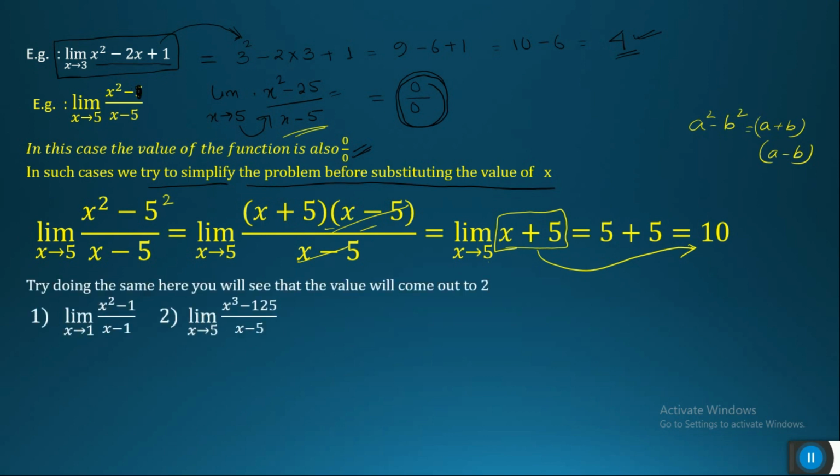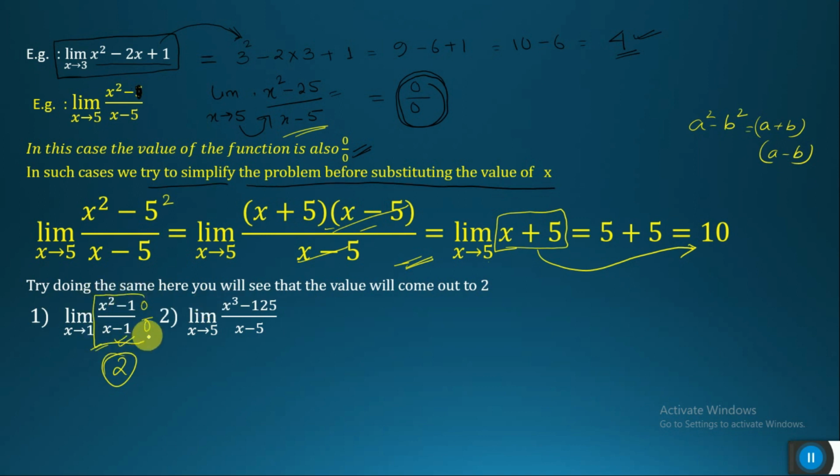In both these cases, you can see that here also if you put 1, it becomes 0 by 0. That was our first case. But if you solve this problem like this, you will see your answer will be 2. Try doing the same here, and you will see that the value comes out to be 2.